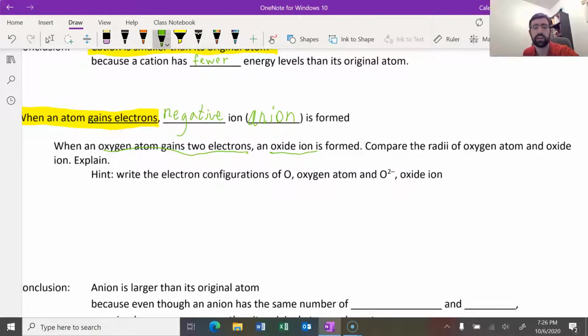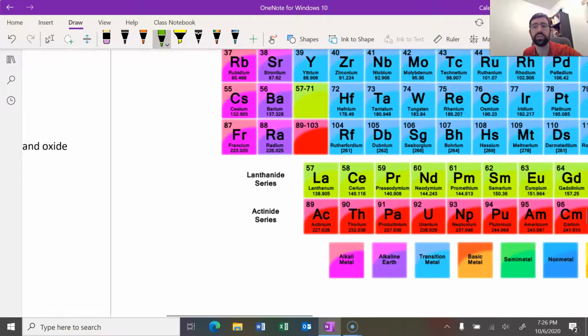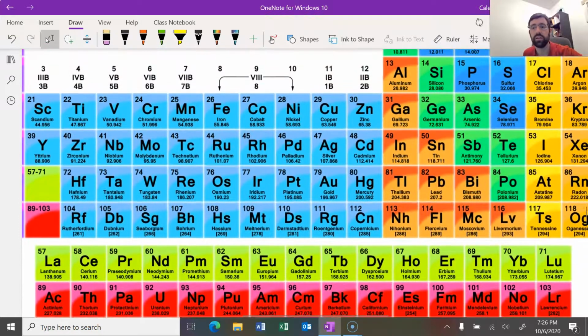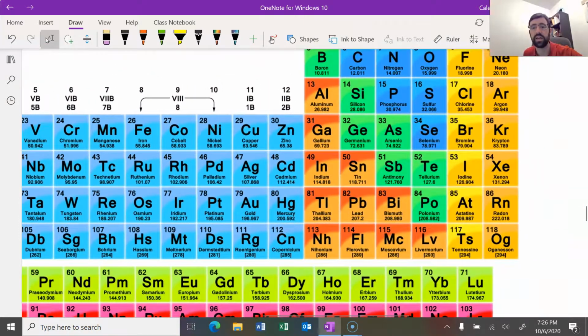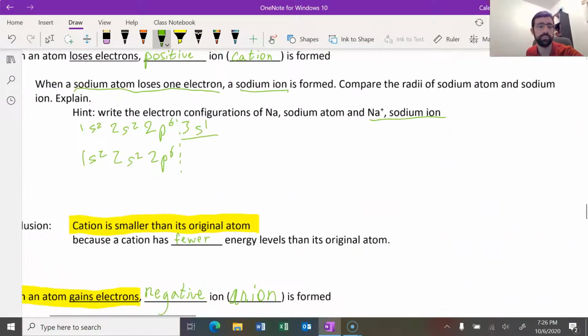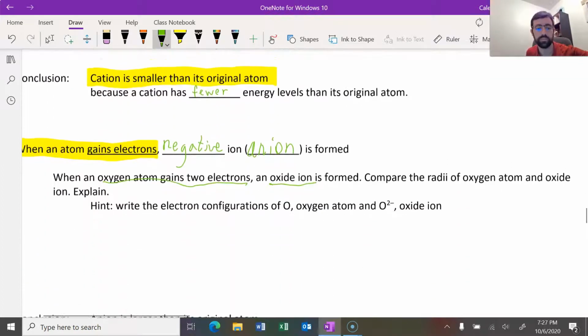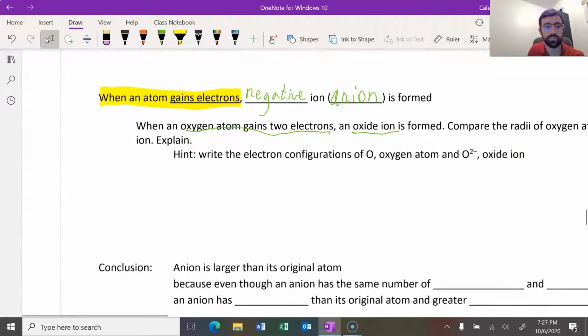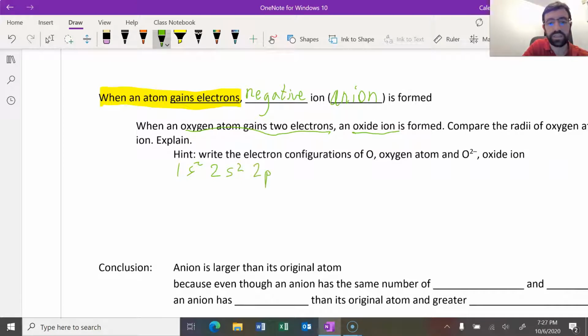So we're going to write our electron configurations for both. Oxygen has an electron configuration ending in 2p4. It's right here, so that's going to be 2p4. 1s2, 2s2, 2p4.